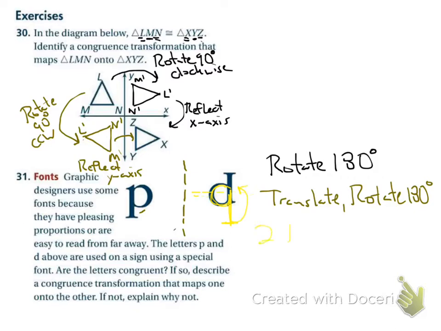So that could be two reflections from there. So there's different ones we can do, but really the rotate 180 would probably be the easiest, and once we did that, we could see they are congruent because it does map onto the other one, and we did follow congruence transformations.